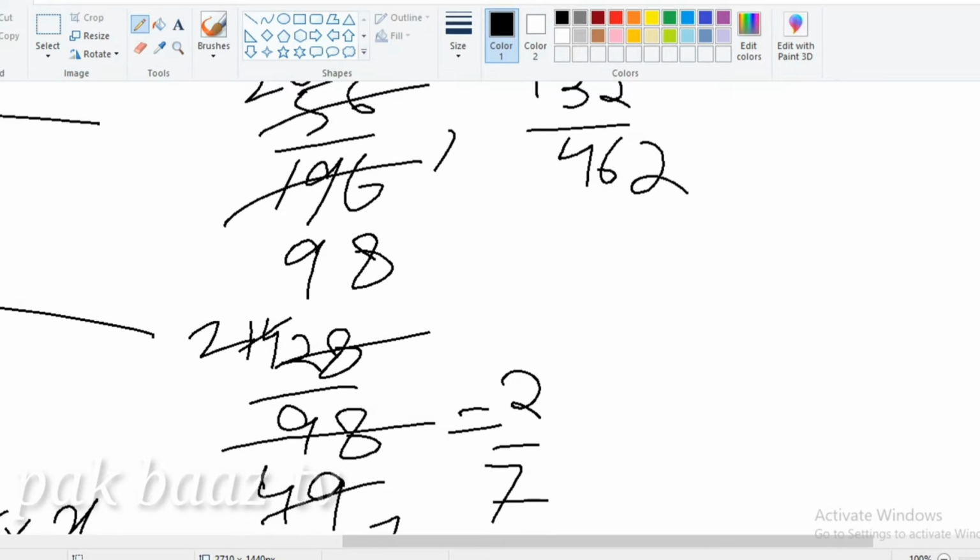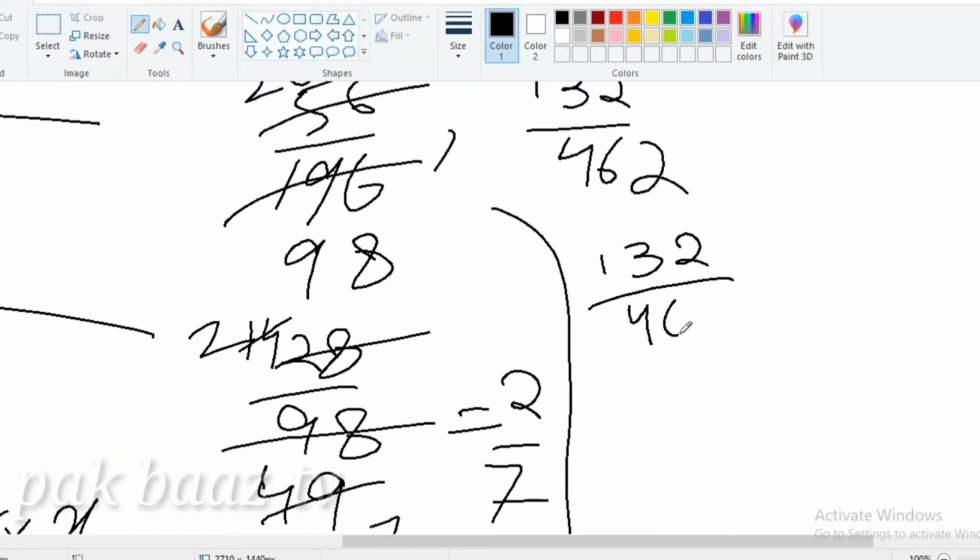And the next, 132 divided by 462. First cancel with 2, 2 sixes are 12, 2 sixes are 12. Then 2 twos are 4, 2 threes are 6, 2 ones are 2.